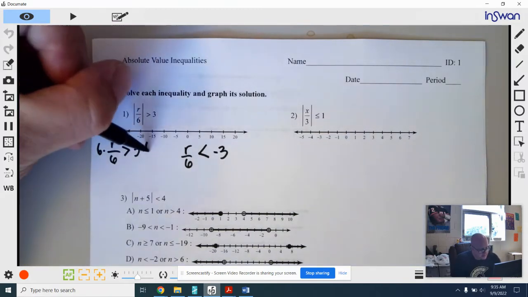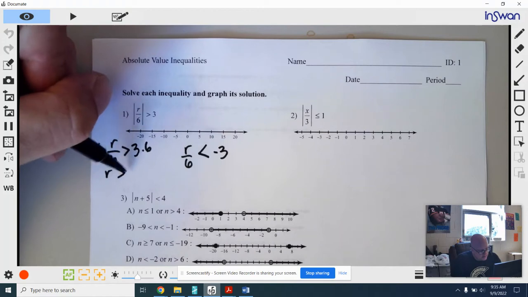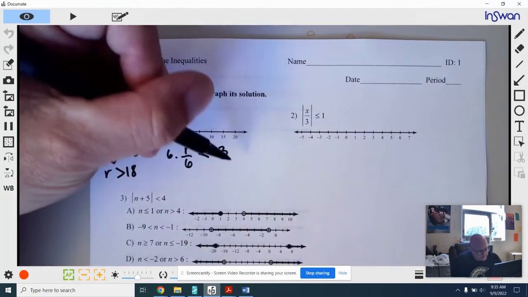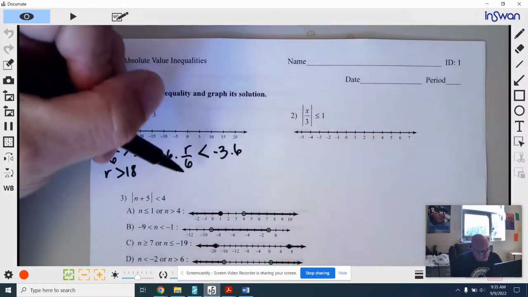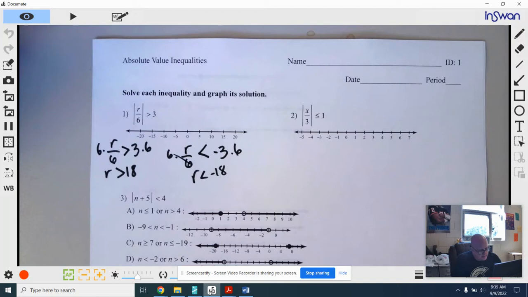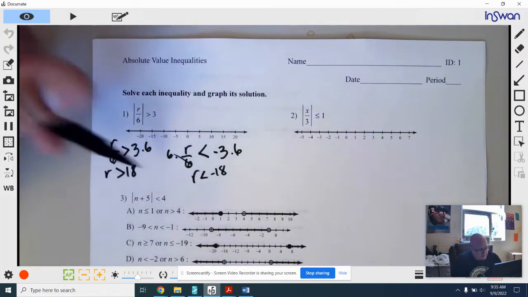So times 6, and we get r is greater than 18, and then times 6, and we get, again, r is less than negative 18. So I'm thinking to myself, what kind of graph is this?